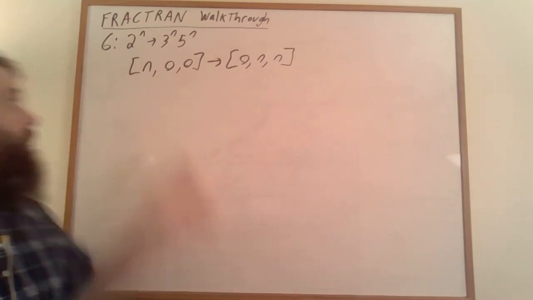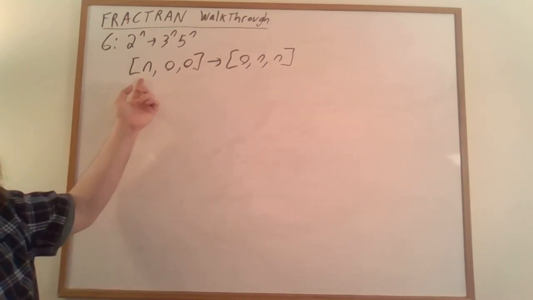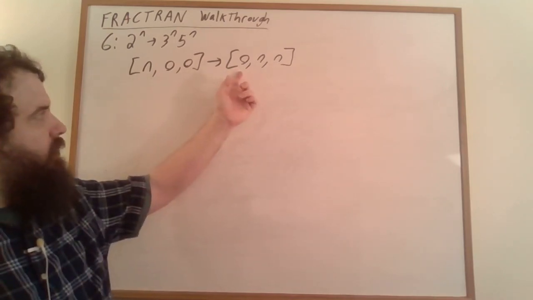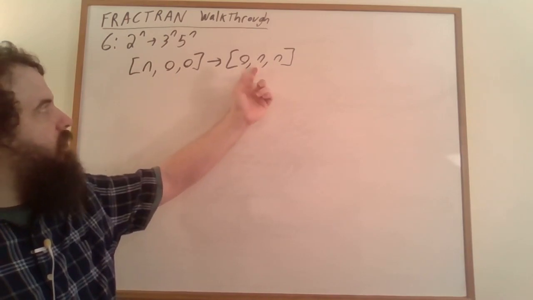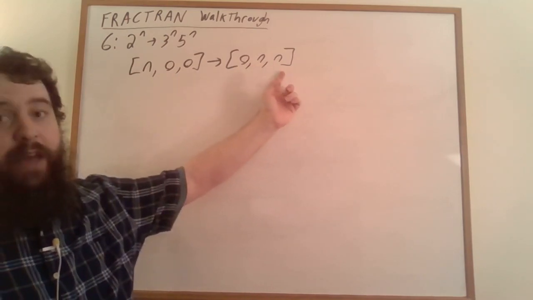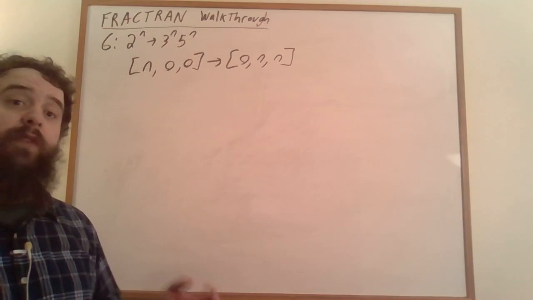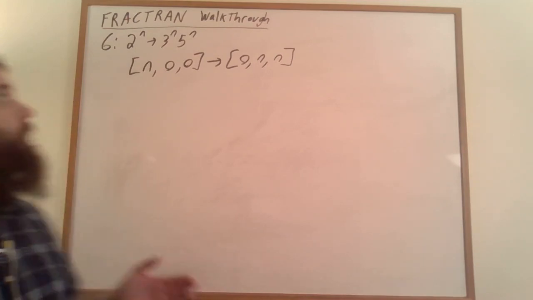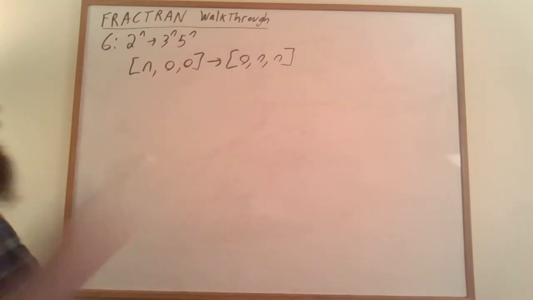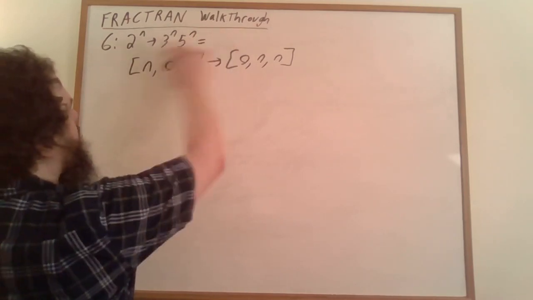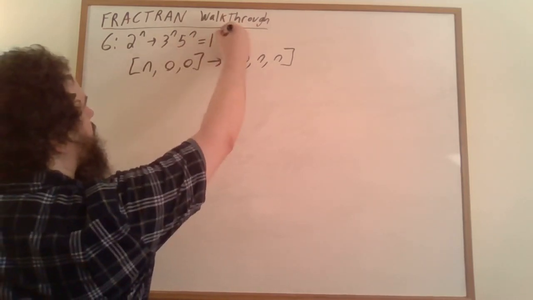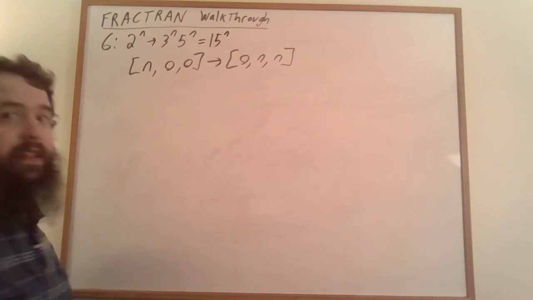We're taking data from the 2's register, removing it from the 2's register, but duplicating it into both the 3's register and the 5's register. A straightforward way of solving this problem is to realize that 3 to the n, 5 to the n is actually equal to 3 times 5 to the n, or 15 to the n.